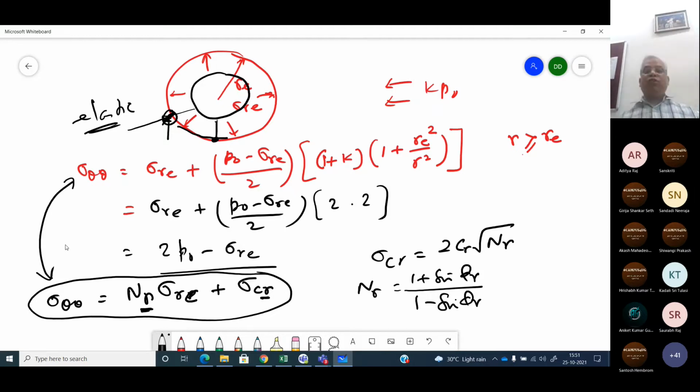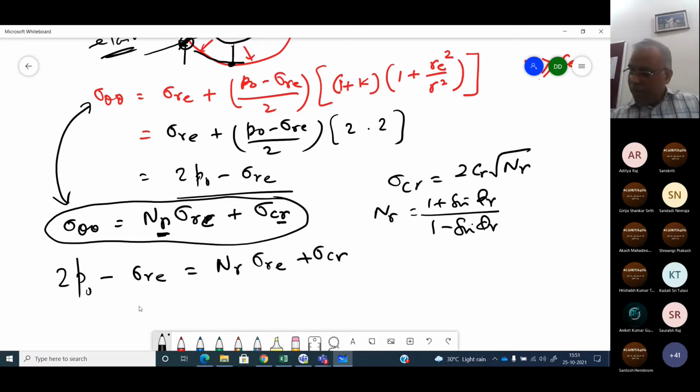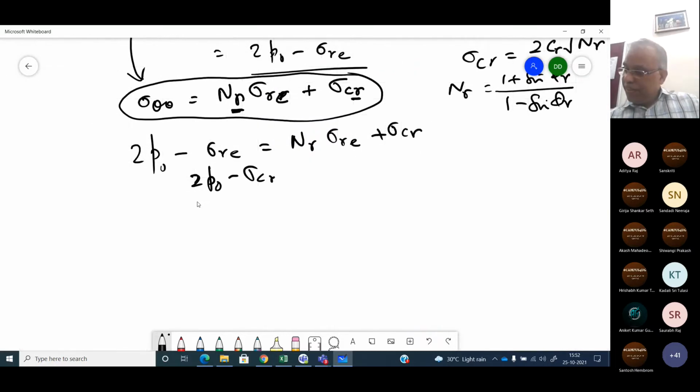So if we assume stress continuity here, then I will write 2 P naught minus sigma re is equal to NR sigma re plus sigma CR, or 2 P naught minus sigma CR divided by 1 plus NR is equal to sigma re.